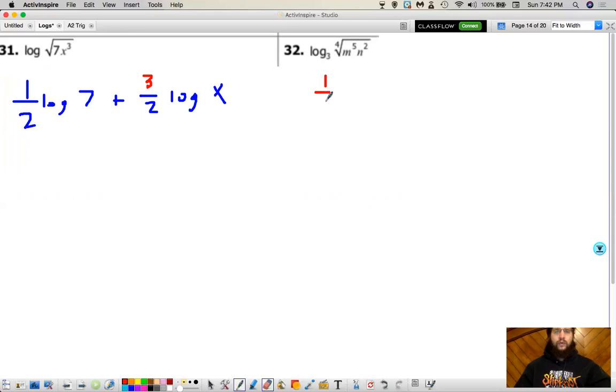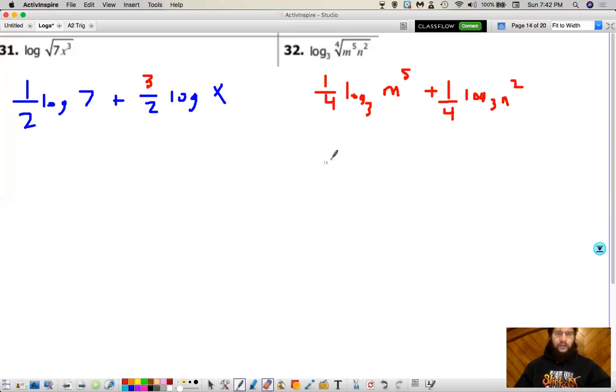This one's 1/4 log base 3 of m to the 5th plus 1/4 log base 3 of n squared. All right, these guys are both going to come out front.